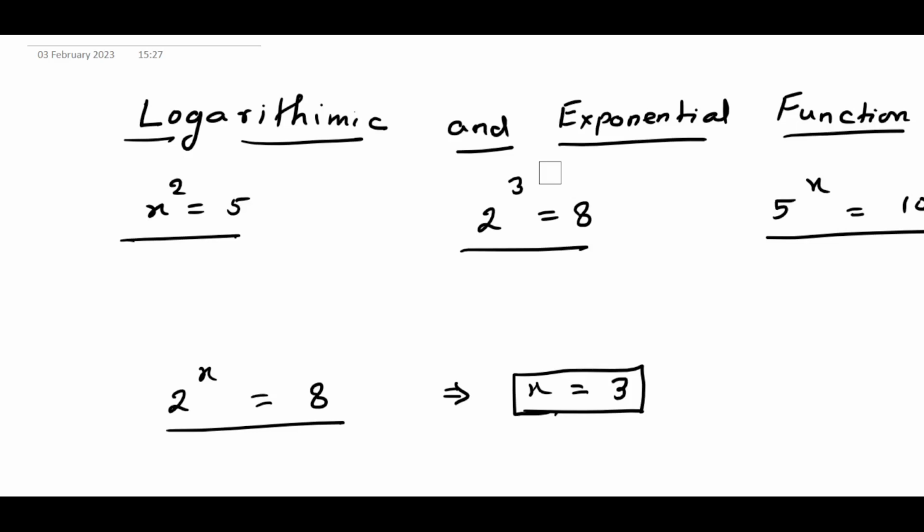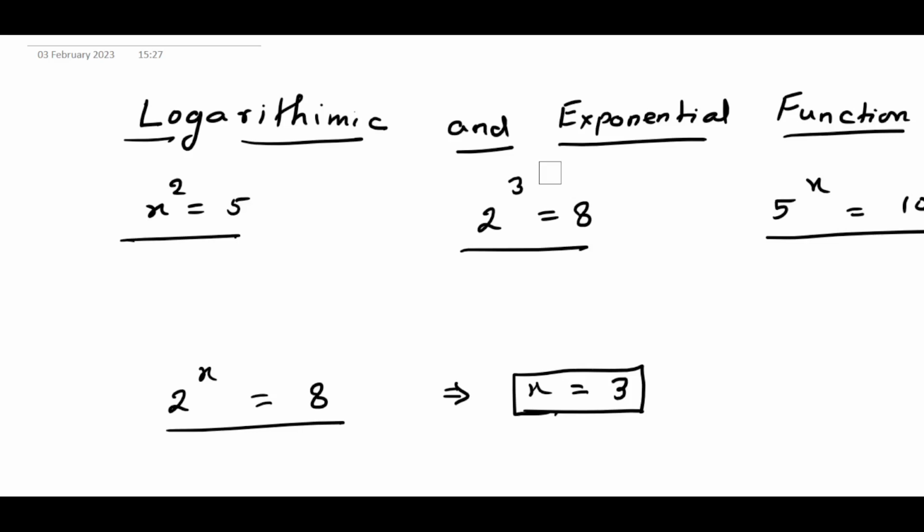For an example, you have a square function. 5 square gives you 25. So, the inverse of this is a square root function. Square root of 25 gives you 5. Yes or no? So, as we have a function and inverse function, similarly for exponential functions, we have logarithmic functions as the inverse of your exponential function.